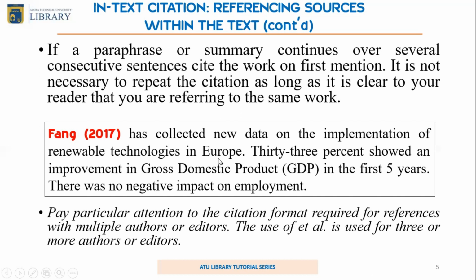Because you are still reviewing that particular article, there is no need for you to repeat the author's name and the year over here. Once the subsequent information is coming from the same author, you are permitted to continue. So we have this same information coming from this particular author, but we did not repeat the author's name and the year of publication after our first mention, because the information that we have over here still pertains to this particular author.